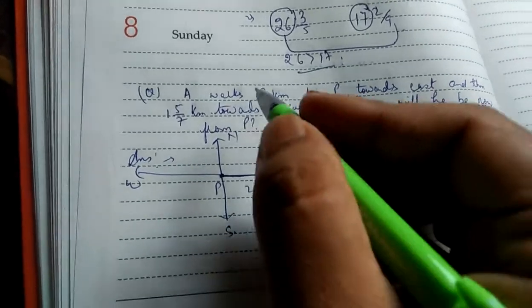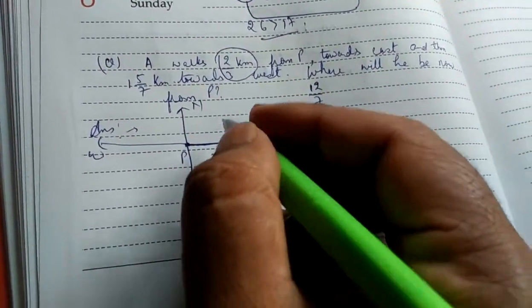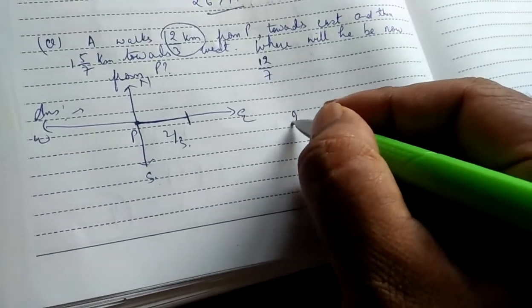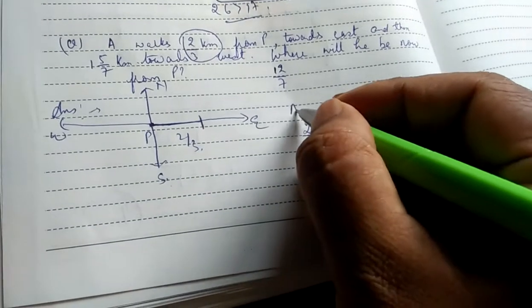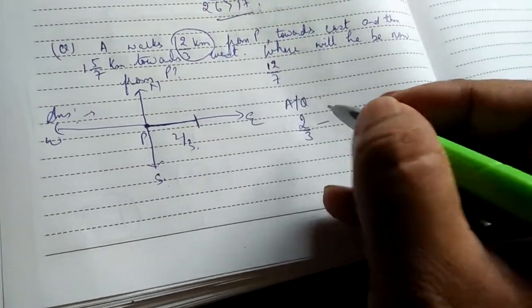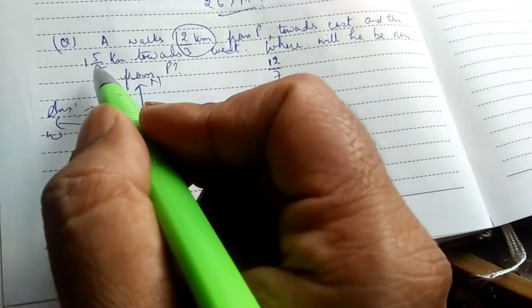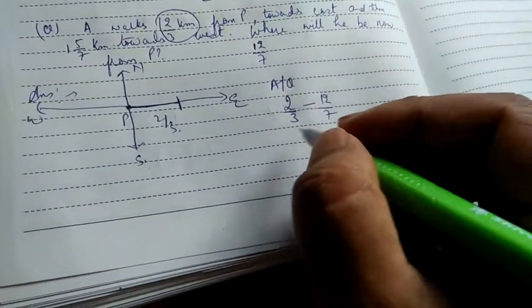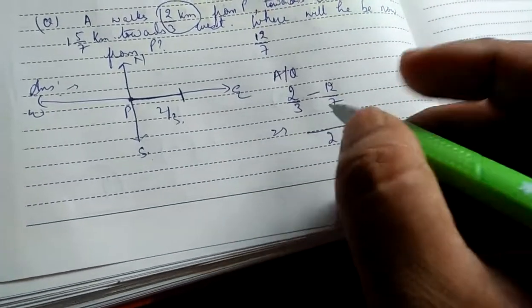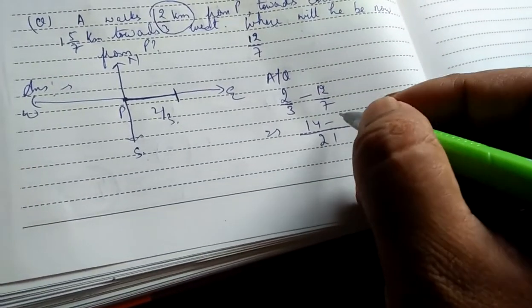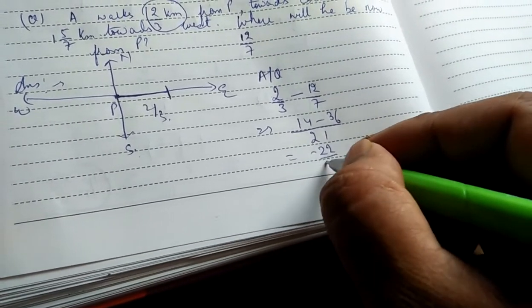According to the question we have 2 by 3 minus 12 by 7. To take the LCM, this is 21, 7 is 14, this is 3, so minus 36, so this is minus 22 by 21.